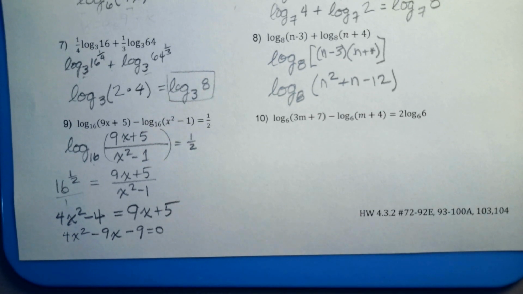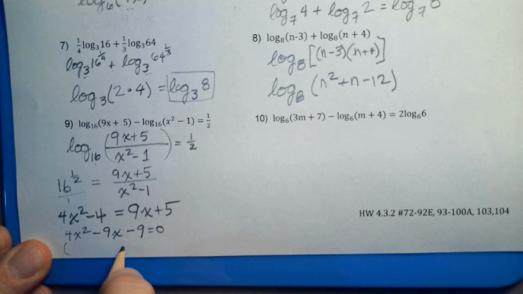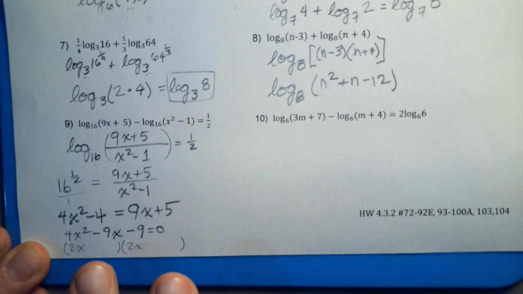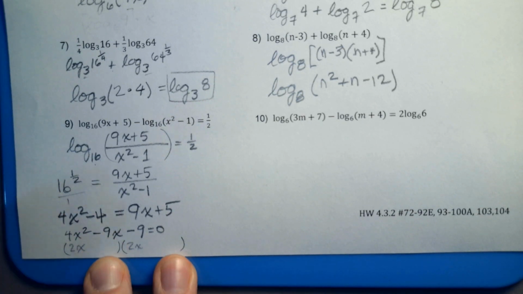And so let's see if that factors. You might try 2x and 2x. Can't be 3 and 3 because those would be the conjugates, right?